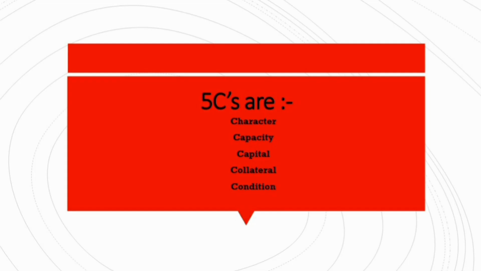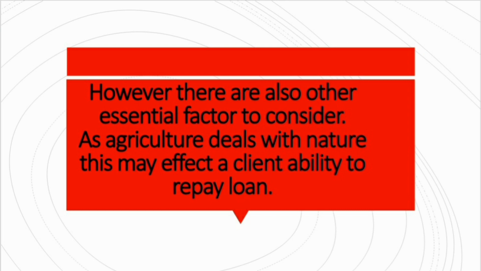process. A bank needs to consider the 5 C's when lending for agriculture finance: character, capacity, capital, collateral, and condition. However, there are also other essential factors to consider.